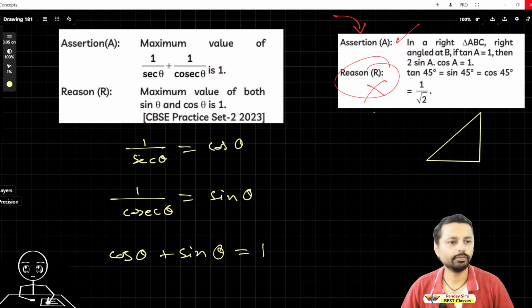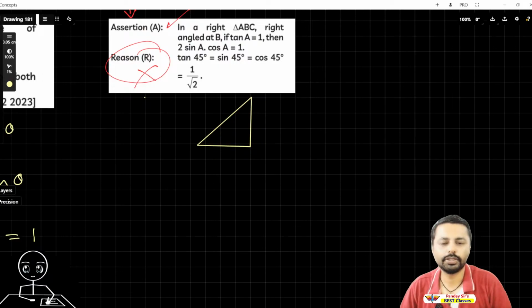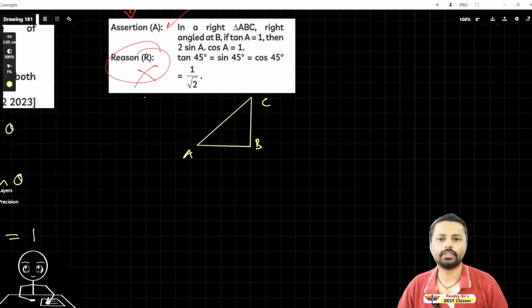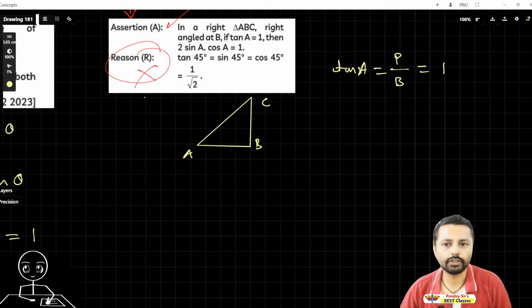In a triangle ABC right angled at B, if tan A equal to 1, what is tan? Tan A equal to P by B, and that's 1 obviously. Then 2 sin A cos A is also 1, they have given.